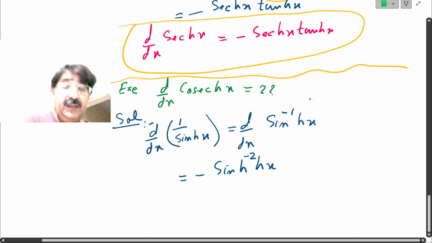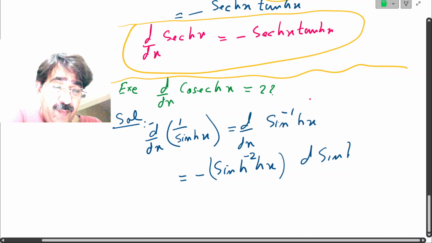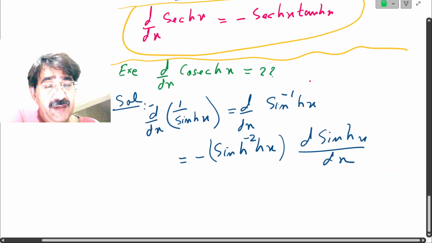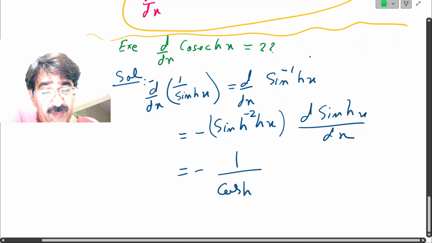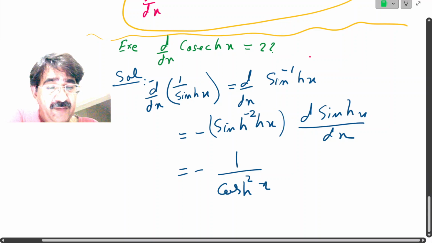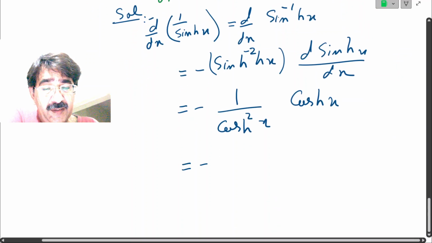And the derivative of sine hyperbolic x is cos hyperbolic x.